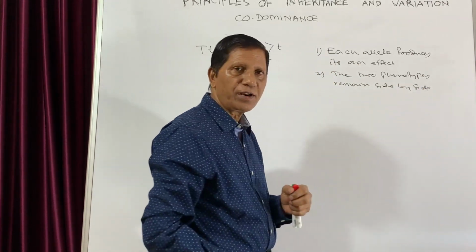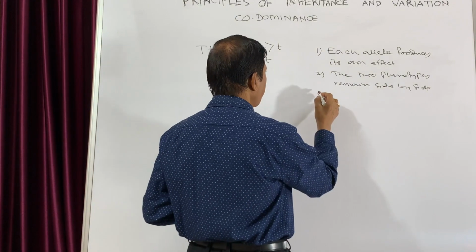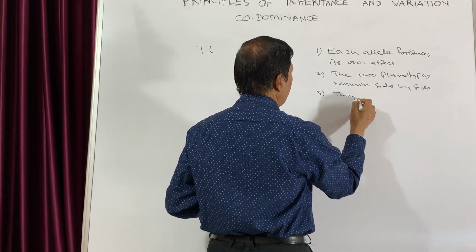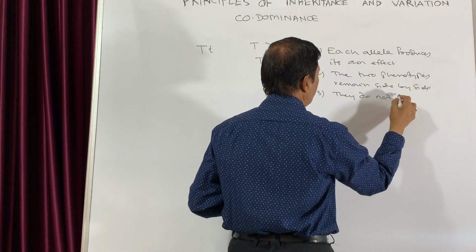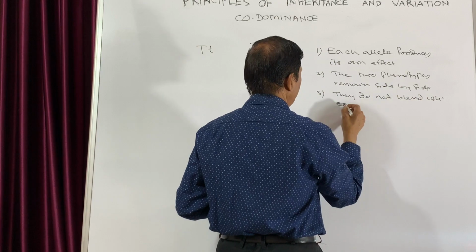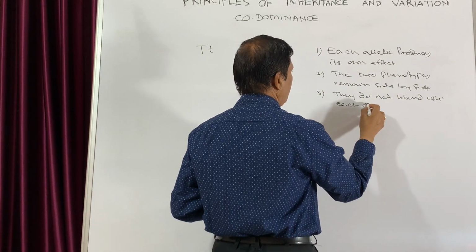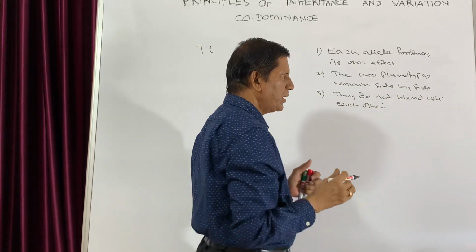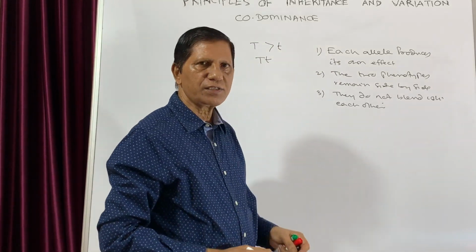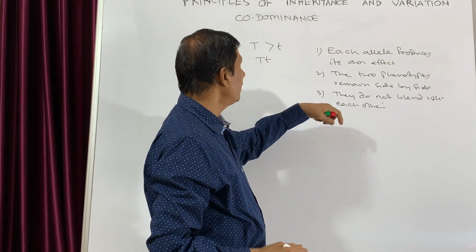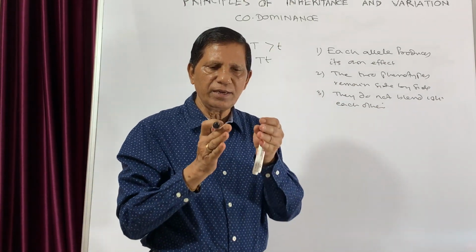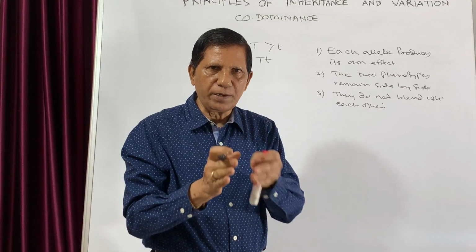And the third difference is that they do not blend with each other. They do not mix with each other. So in these three aspects, codominance differs from incomplete dominance. That means they express themselves independently.